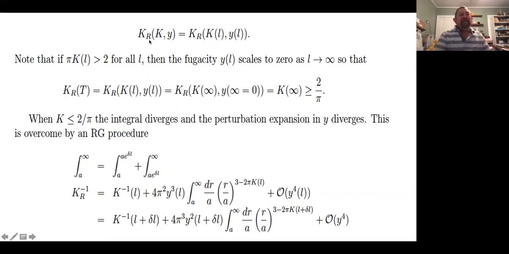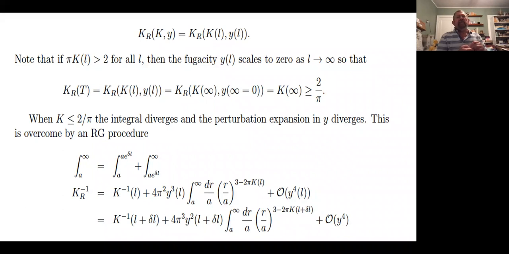And so we have that, in particular, the actual measured stiffness constant, which depends, remember, on the measured superfluid density, is equal to the same quantity as a function of the renormalized parameters, which are given by the differential equations on the previous slide.